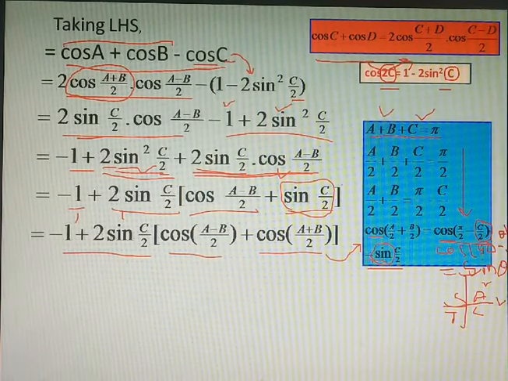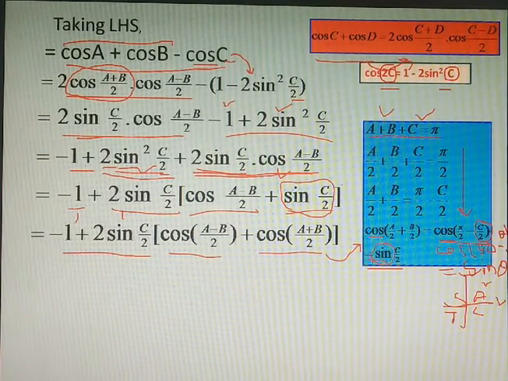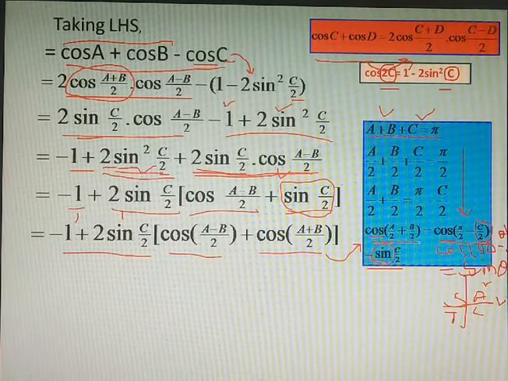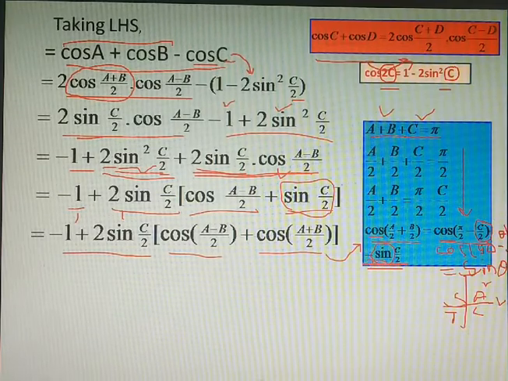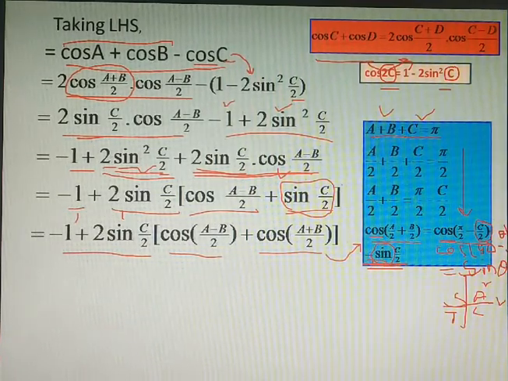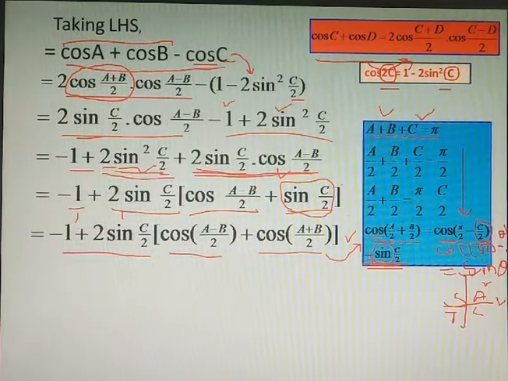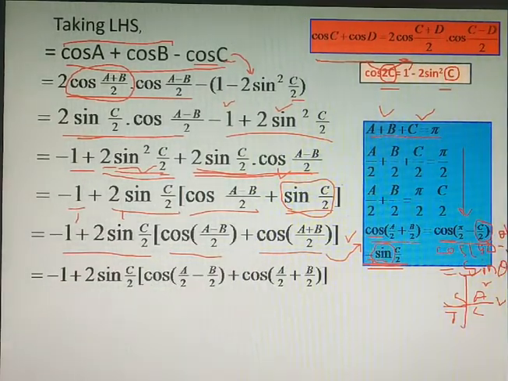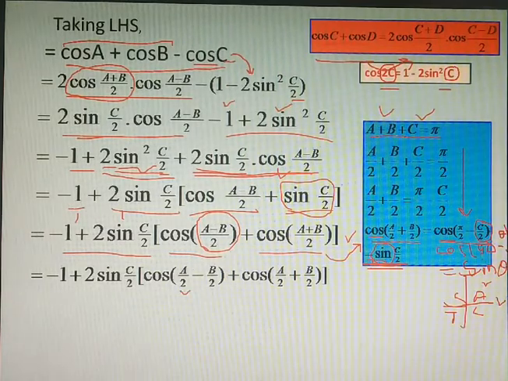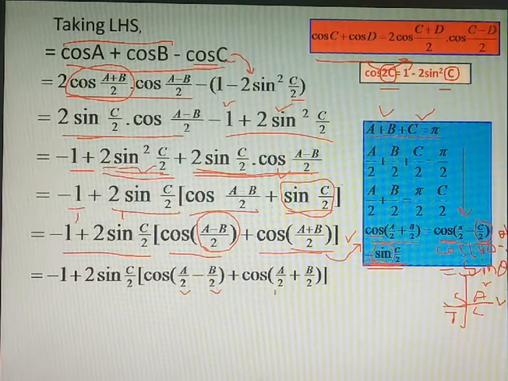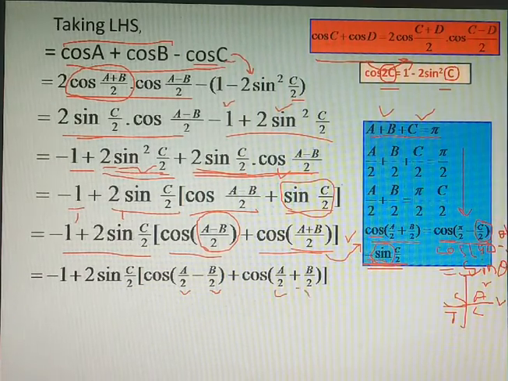So this is how cos((A+B)/2) comes in place of sin(C/2). In the next step, −1 − 2 sin(C/2) is the same. Now this (A−B)/2 can be separated and written as A/2 − B/2, and in the same way we can write the other as A/2 + B/2.